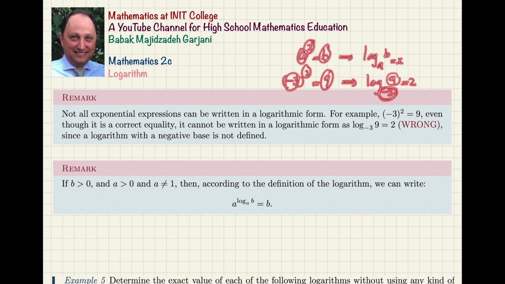The reason behind that, if you have forgotten, you can go and review what we said in the first video about logarithm part 1. Okay, so be careful. Even though minus 3 to power 2 is still equal to 9, this is not acceptable.